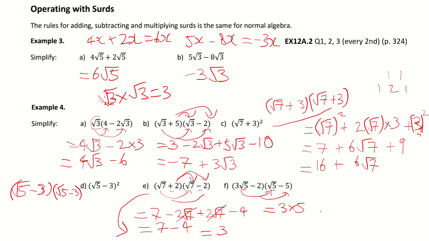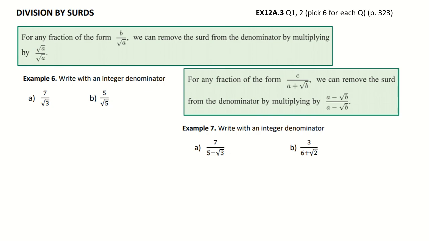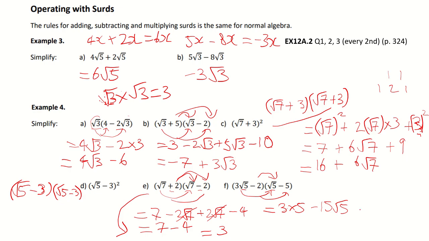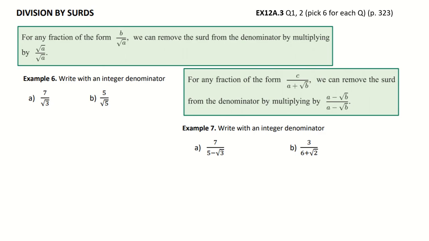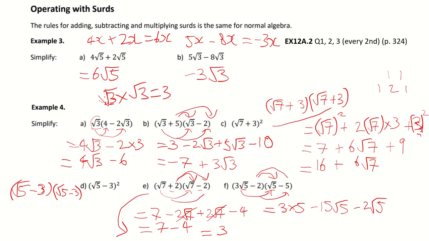So 3 times negative 5 is negative 15 square root 5. And then we're going to have negative 2 lots of square root 5, because negative 2 times square root 5 will just give us negative 2 lots of square root 5. And then finally we'll have negative 2 times negative 5, and a negative times a negative is a positive, so it'll be plus 10.